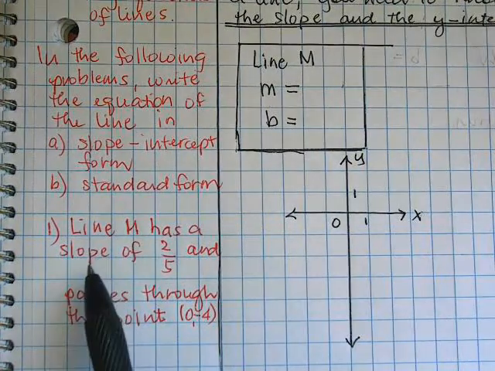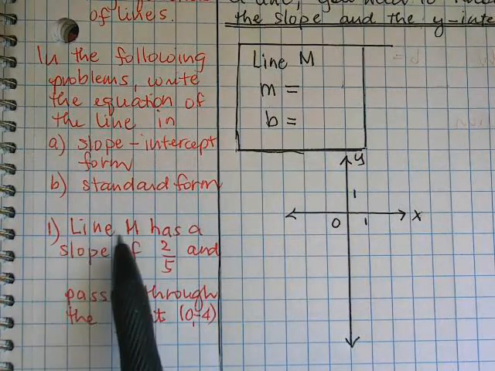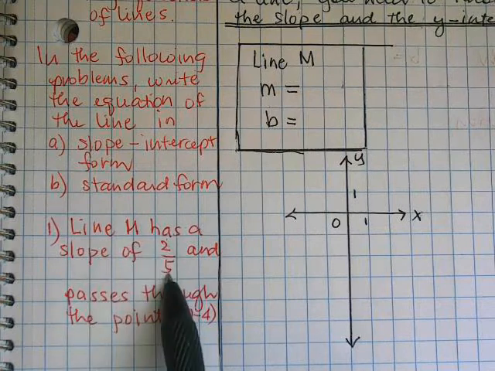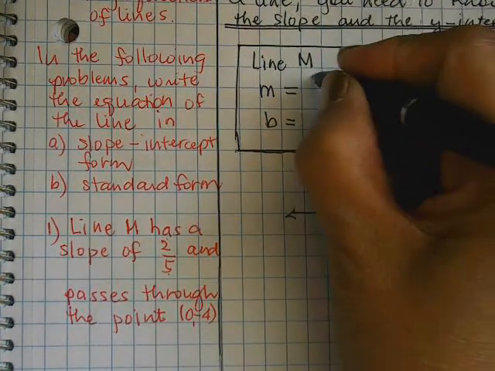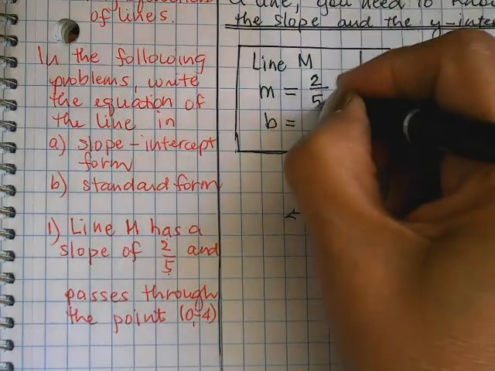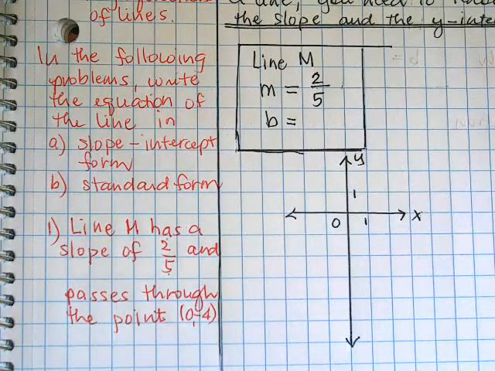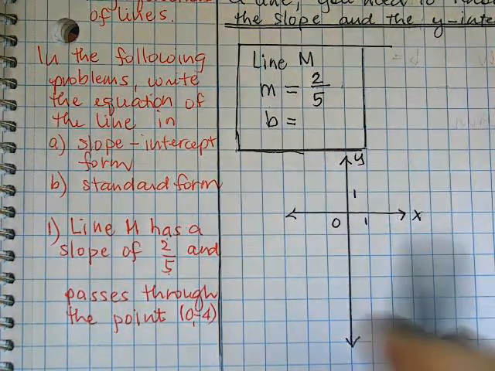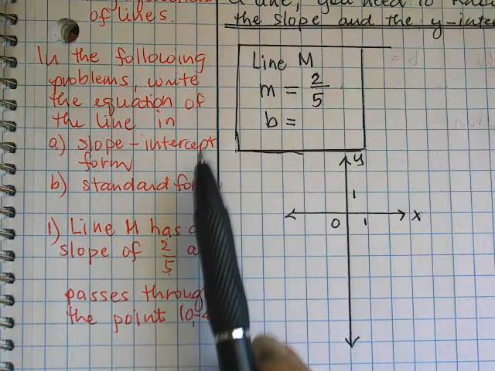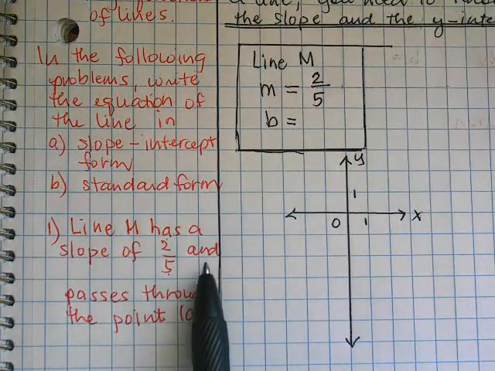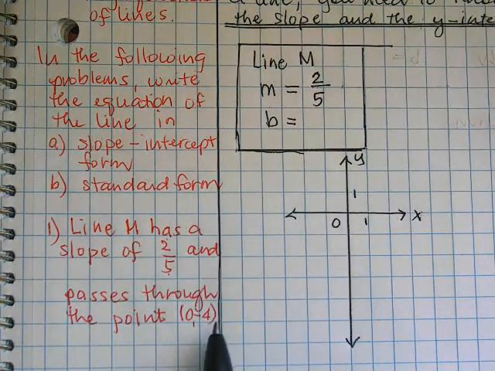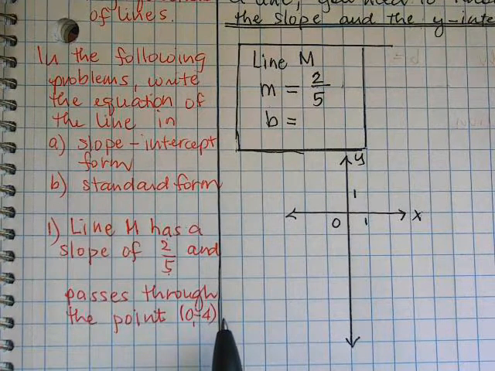Let's read the problem. Line M has a slope of 2/5. So the slope is given to you, 2/5, and you only need the y-intercept. But you have other information here. It says the line passes through the point (0, -4).